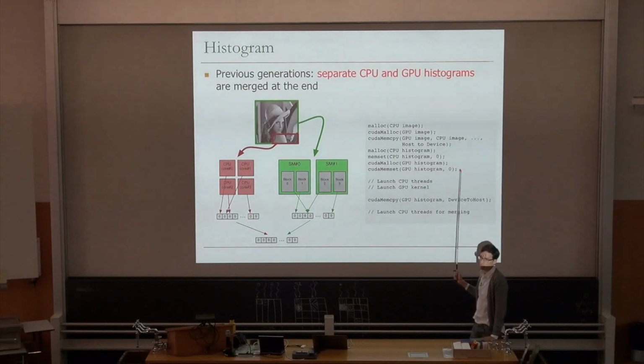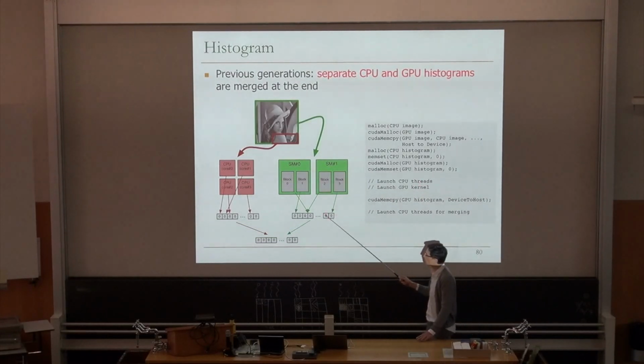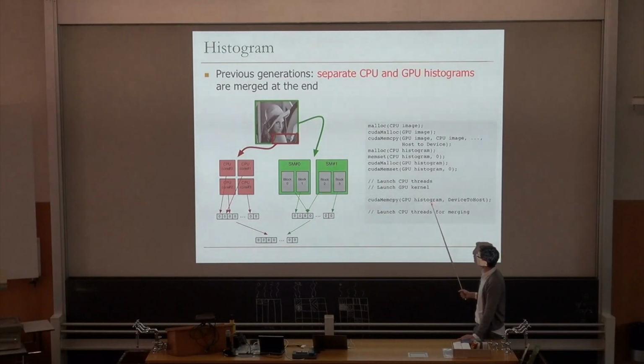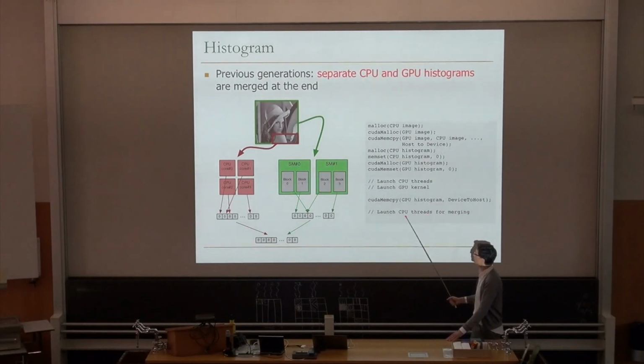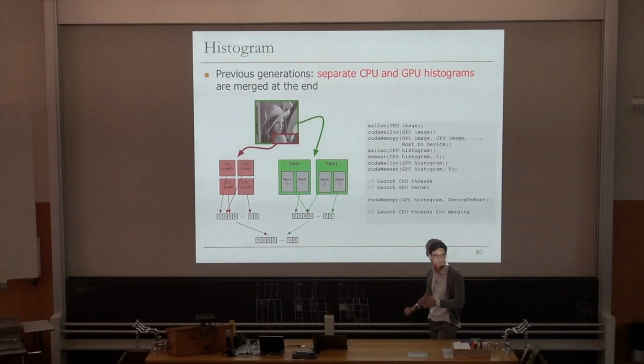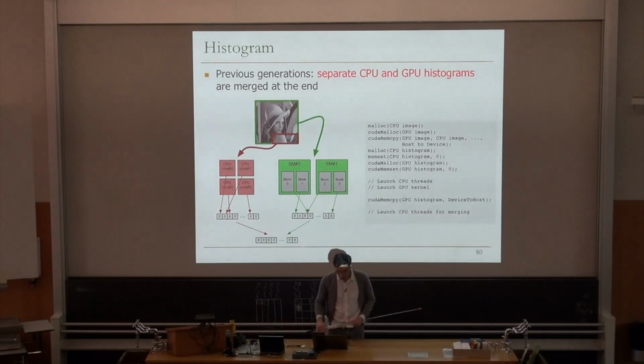Then we launch some CPU worker threads and the GPU kernel. When we are done computing, we copy the GPU histogram to the main memory of the CPU, and then we merge them. Maybe we launch some CPU threads for merging them.